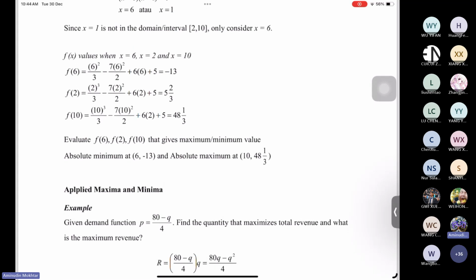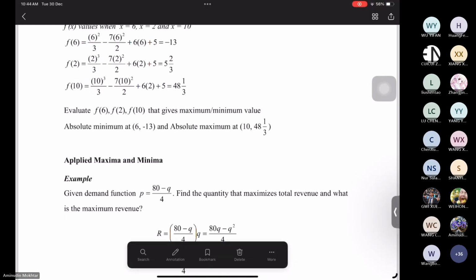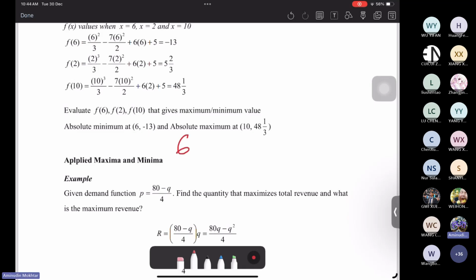Next week is about 6 January 2026. I will continue this part, the application of maximum and minimum.